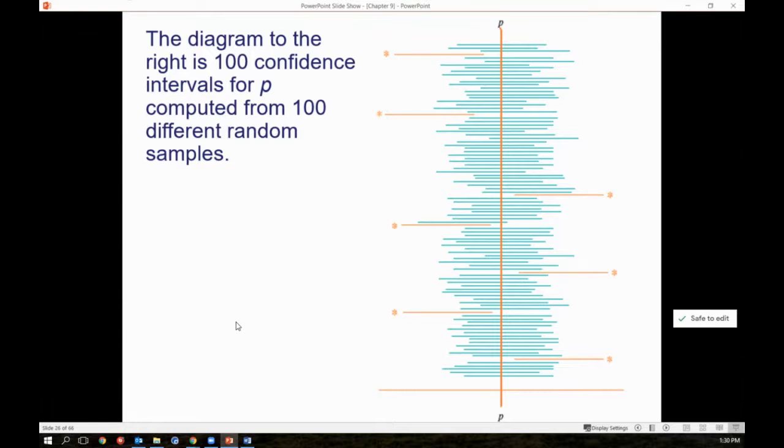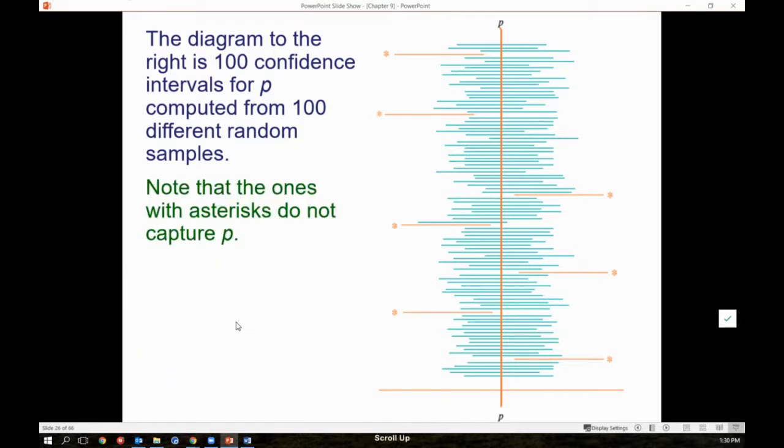So this diagram contains 100 confidence intervals for P, computed from 100 different random samples. Note that the ones that don't capture our true P are marked with asterisk and are orange. So these stop short of capturing the true P.